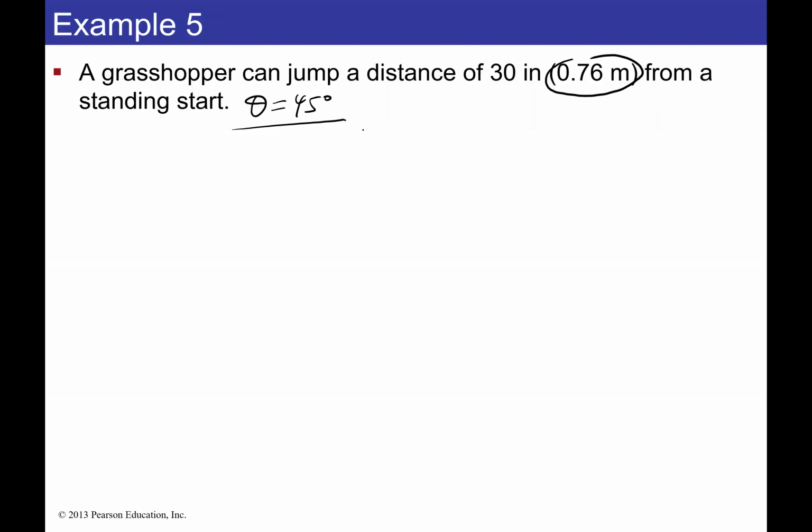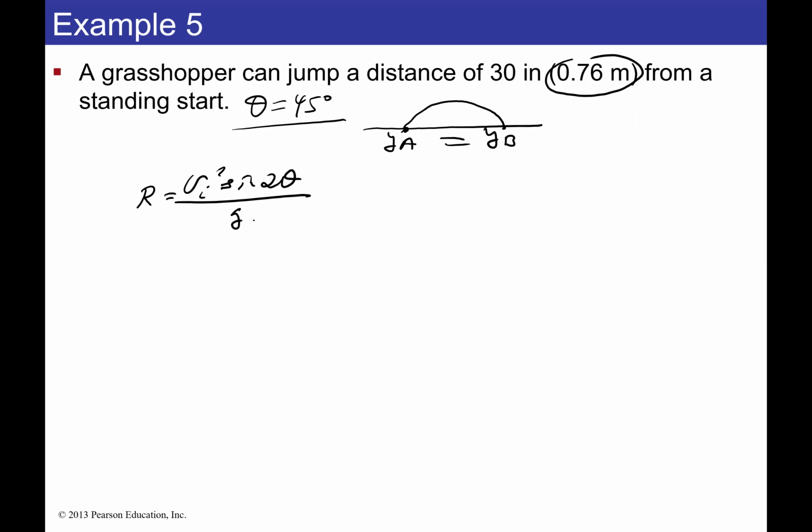We're going to assume that here's a grasshopper starting from point A, and when it jumps, it goes from here to there, coming back to the ground. Let's say that's my point B. Then y of A is equal to y of B. If that's the case, then I have one equation that we could use, which is the range is equal to initial speed squared times sine of 2 theta divided by g.